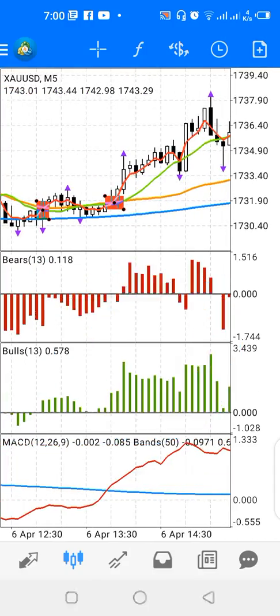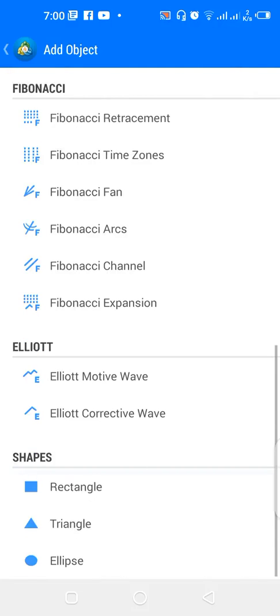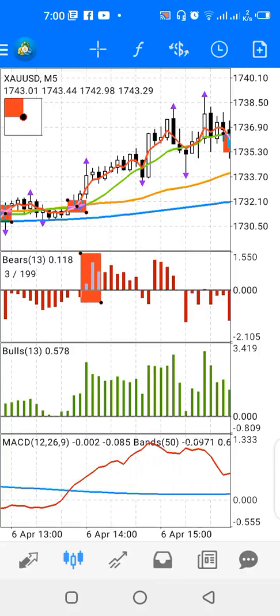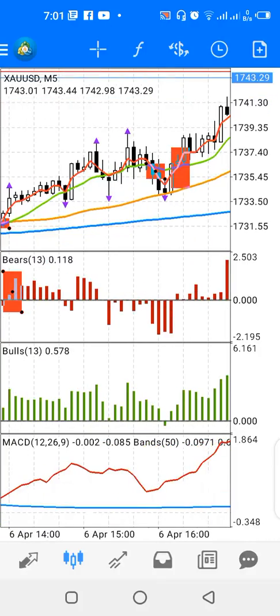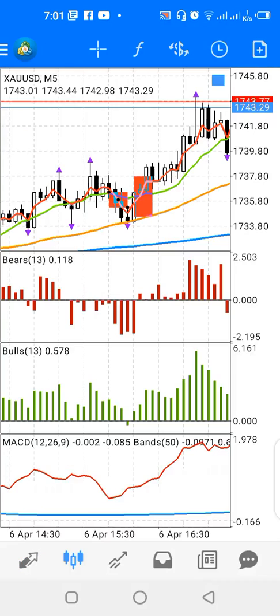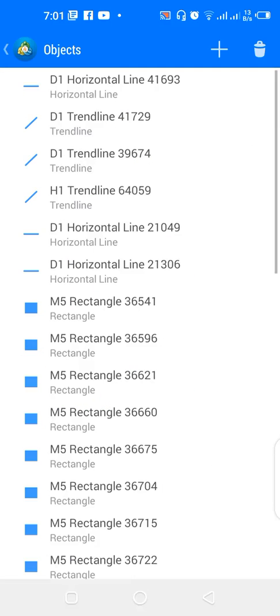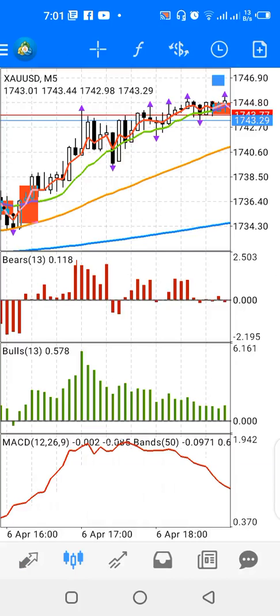Long bars, not short bars. Don't forget, long bars, not short small bars.